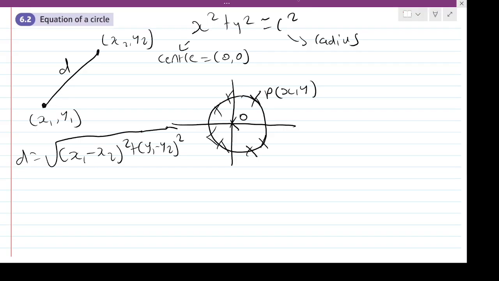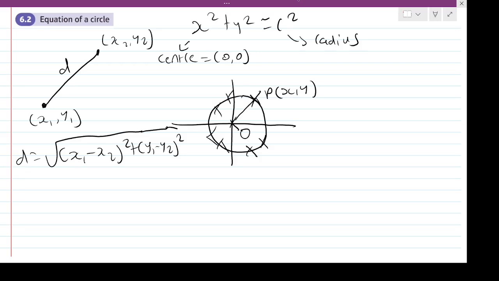Now the way circles work is that from the centre, from the middle of the circle, it's the same distance to any point on the outside of it, and we call that the radius.